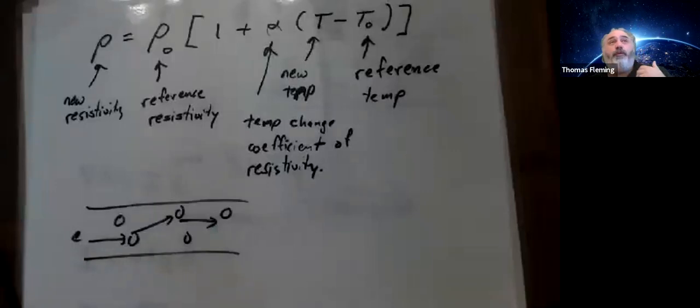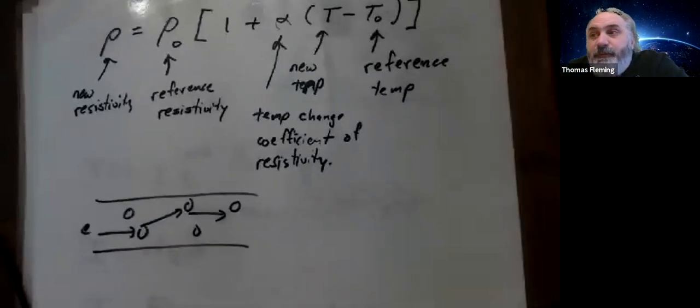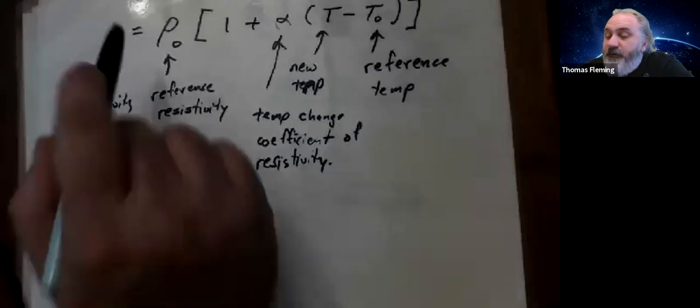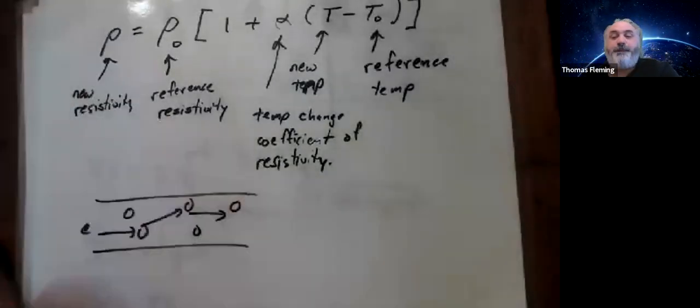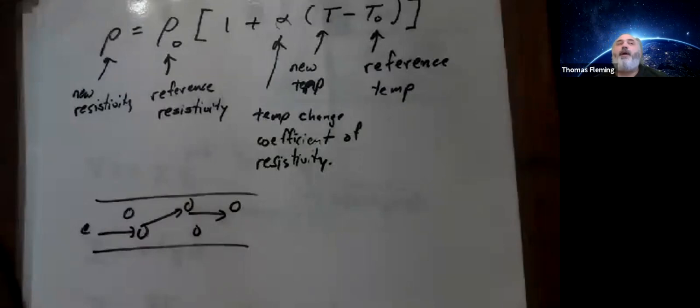And that would be an increase in temperature. And so sending current through a wire tends to raise the temperature of that wire, and changing the temperature of the wire tends to change the resistivity. And so if I were someone who was designing a circuit, I might need to make sure I know the resistance of different parts of that circuit.